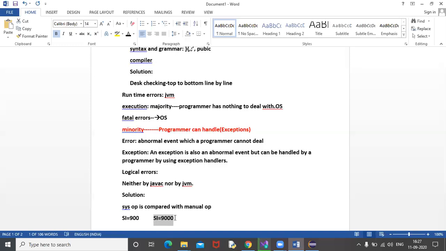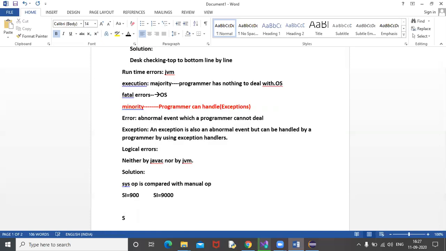Every time you are getting 9,000 only, then what should I do? What is wrong? Maybe the logic that we used in the system generated output. Again you have to go through the logic. For example, the simple interest formula is nothing but principal into time period into rate of interest by 100, isn't it?